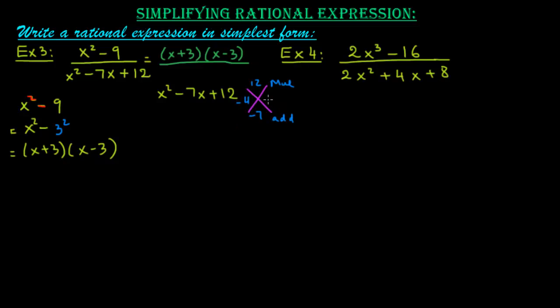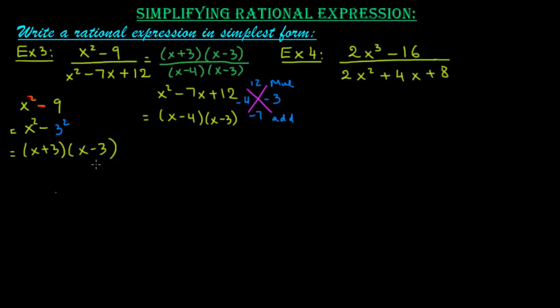How about -4 and -3? -4 plus -3 gives you -7, and -4 times -3 gives you positive 12. So my factoring of this trinomial is x minus 4 times x minus 3. So we bring it back to the original, x minus 4 times x minus 3.